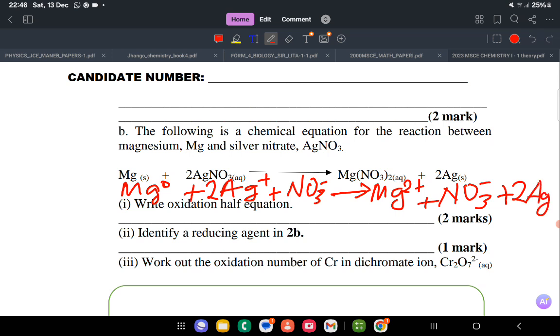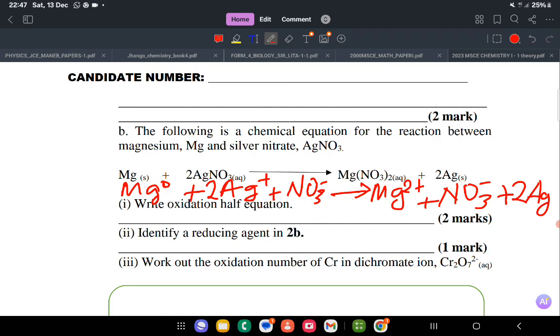All right, so from this equation we can identify the species that have been oxidized and reduced.